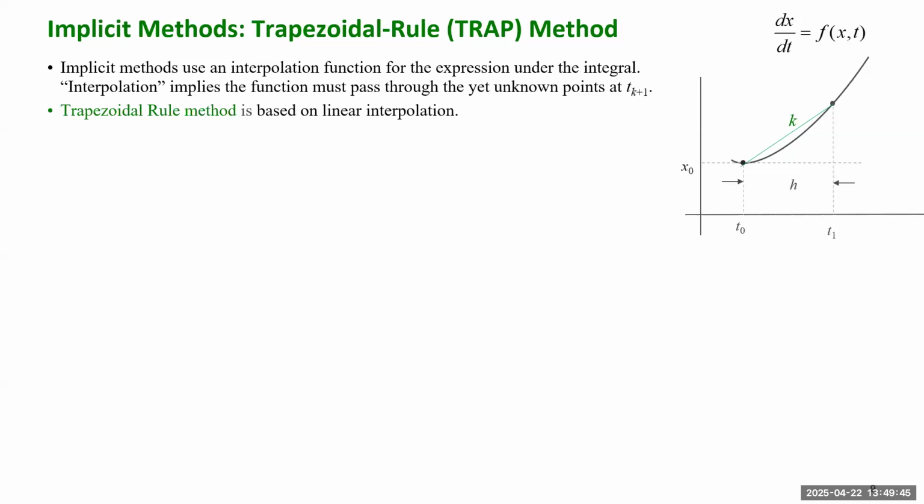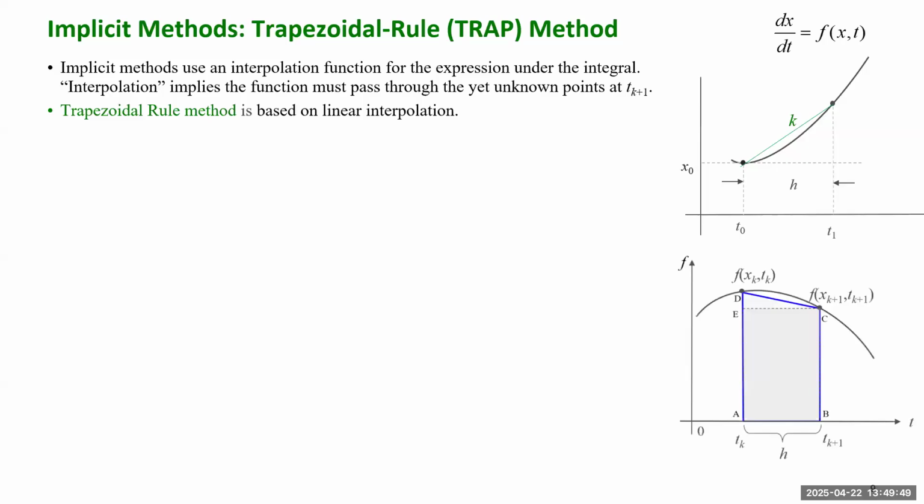What that means, for instance, is we want f to be a nonlinear function. So if we draw f versus time, this curve gives you the first order derivative change following this nonlinear curve.